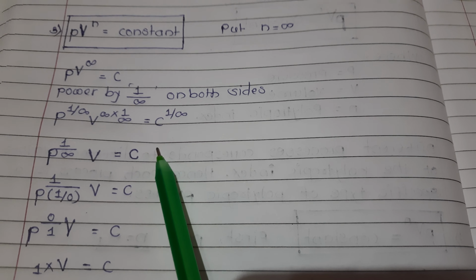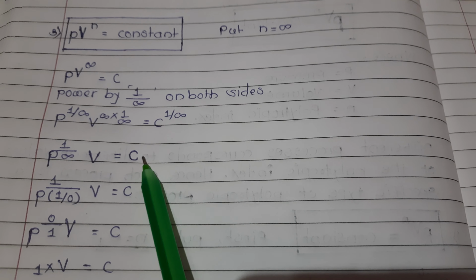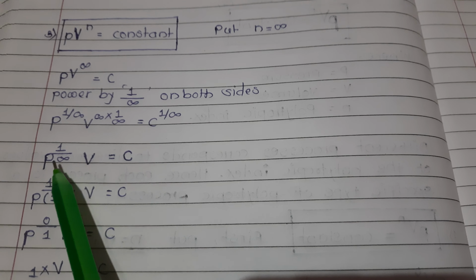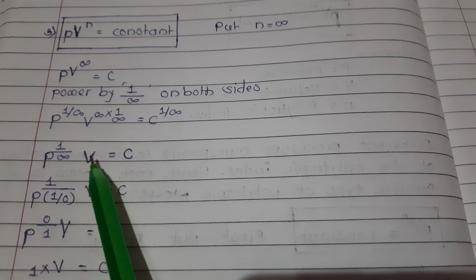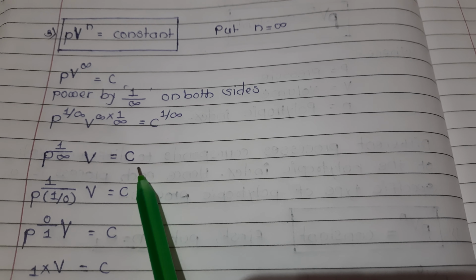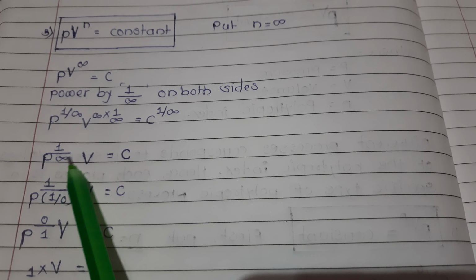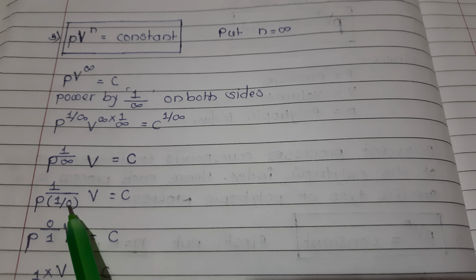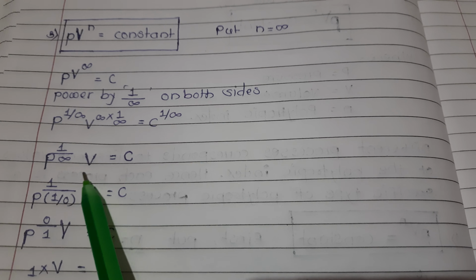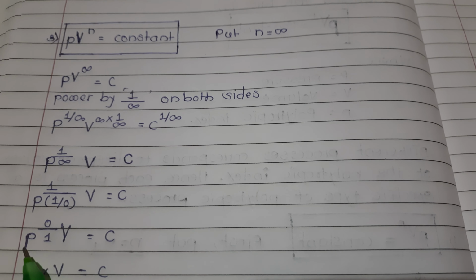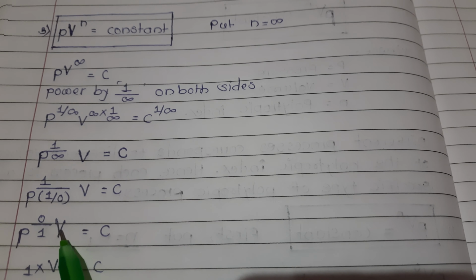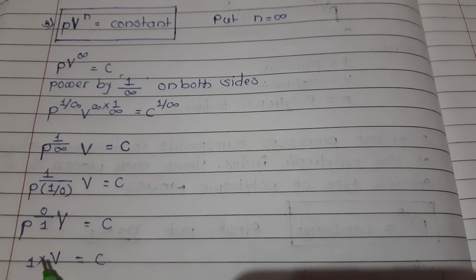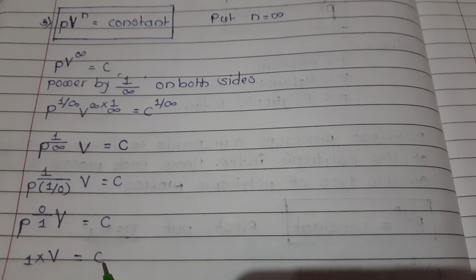Constant raised to 1 by infinity remains constant as it is. Now, this gets cancelled. P^(1/infinity) into V = C. Now, infinity means 1 by 0. Put the value. If this 0 goes here, it means P^(0/1) into V = C, which means 1 into V = C.